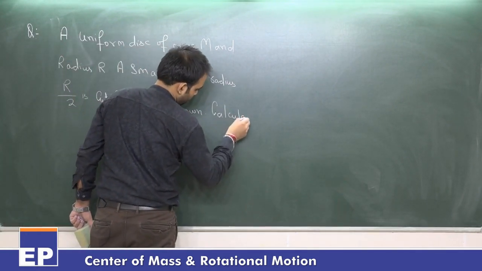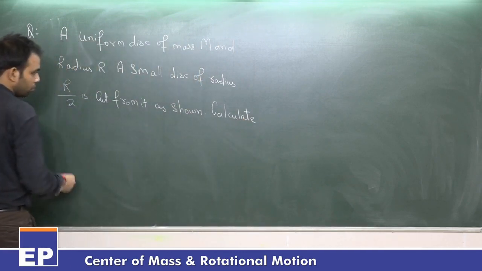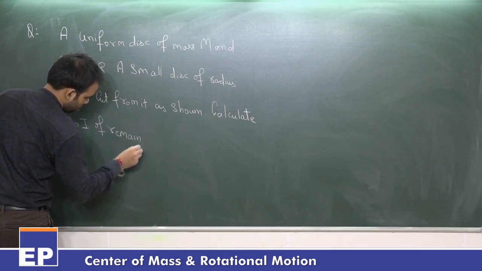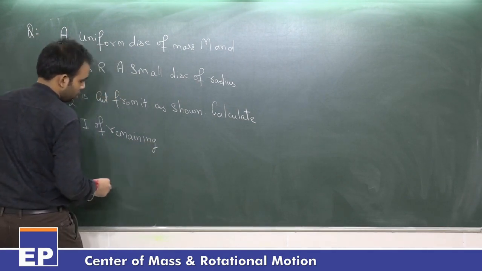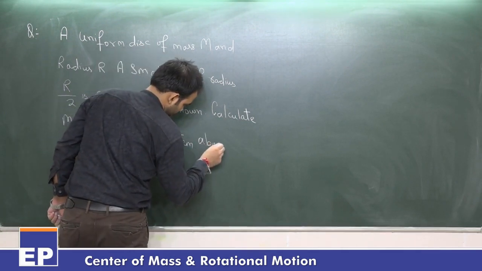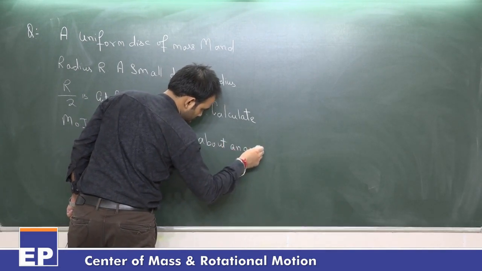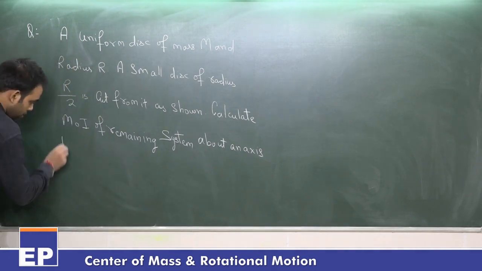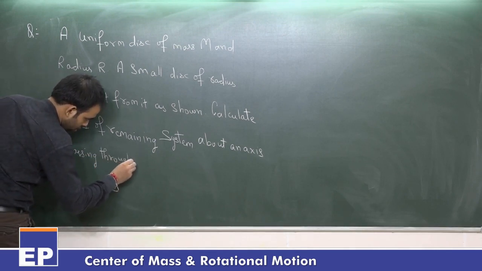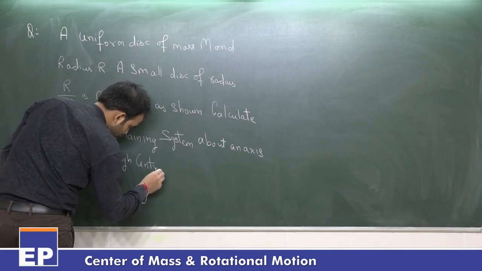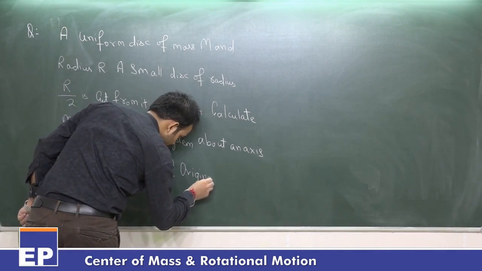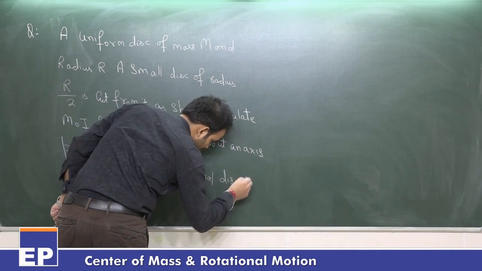Calculate the moment of inertia of the remaining system about an axis passing through the center of the original disk and perpendicular to the plane.